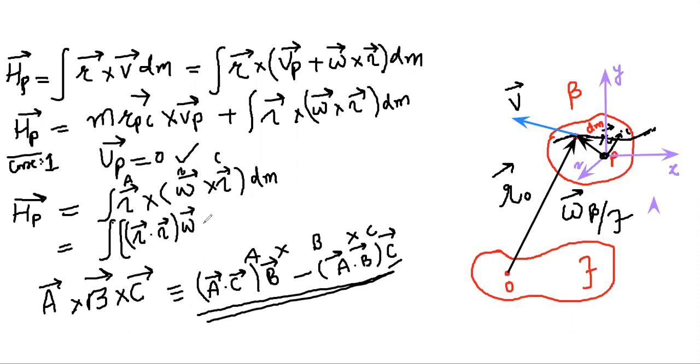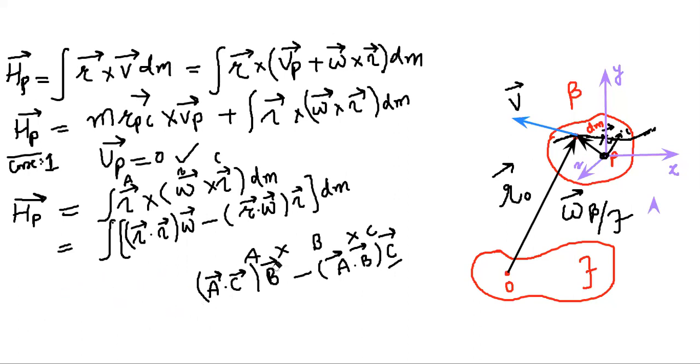Minus A dot B, that is R dot omega, multiplied by C, that is the R vector. We close it, and it is dm. Now when we try to solve it, the procedure is like this.